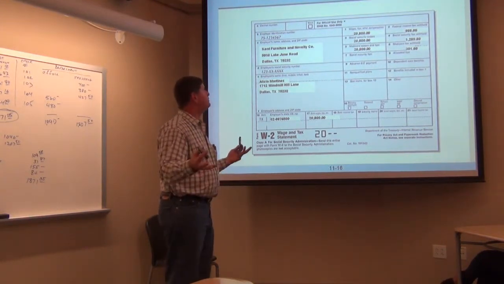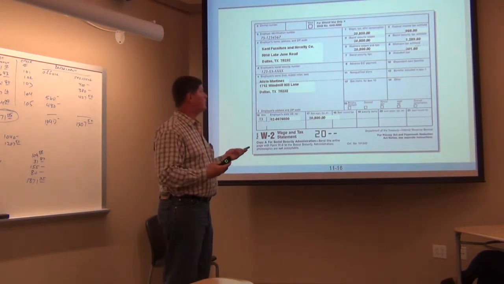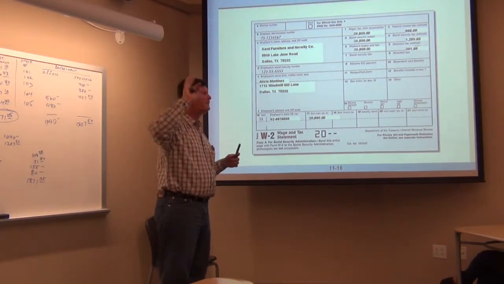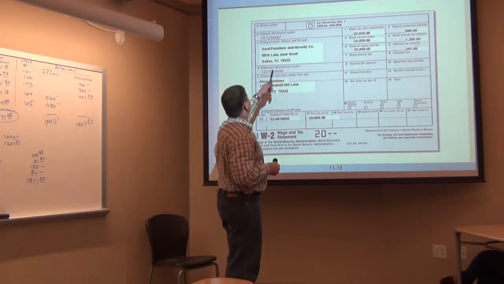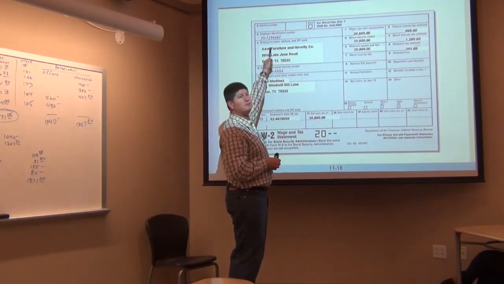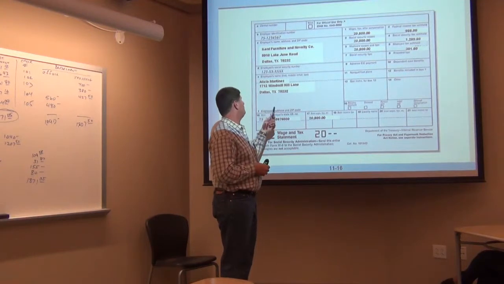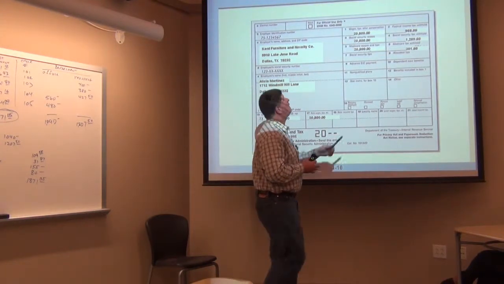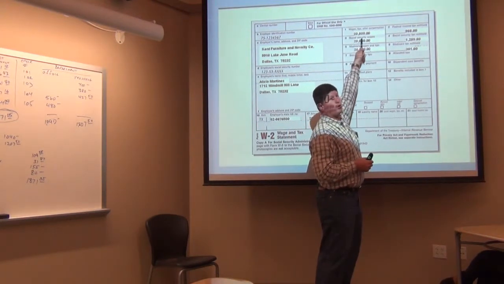Here's a simple W-2. This is kind of an old one. They've changed a little bit. Everybody seen one of these? Hopefully. All right, so who's the employer? What's your number? Who's the employee? Where is it? What's their number? How much wages did you pay them total?